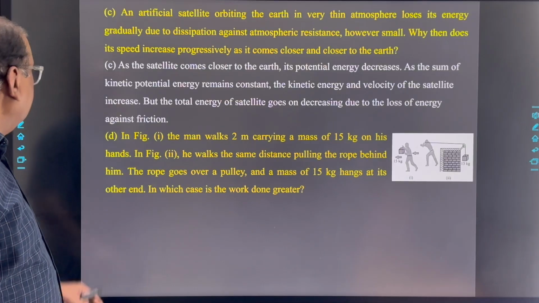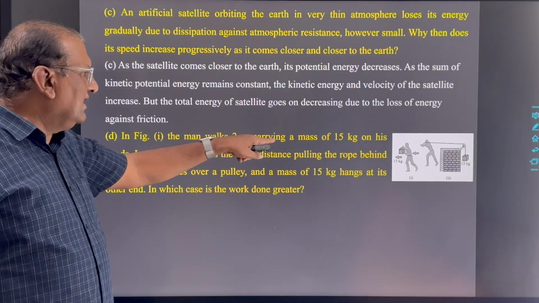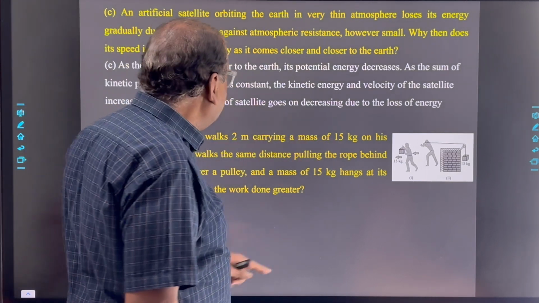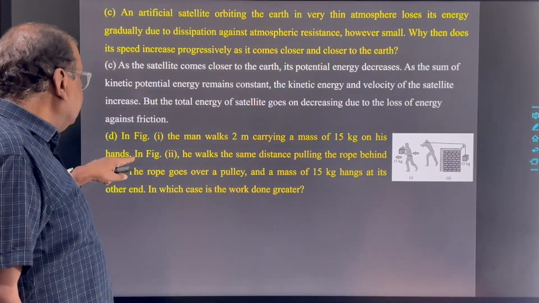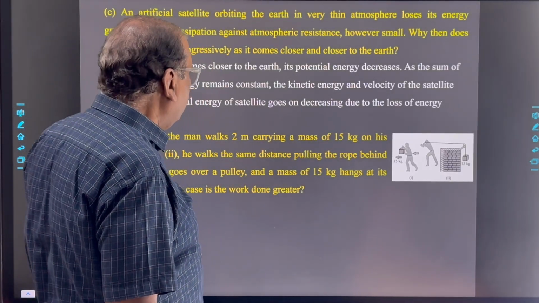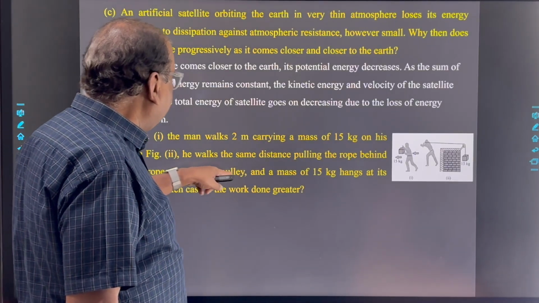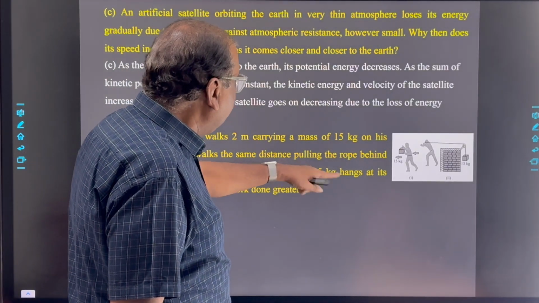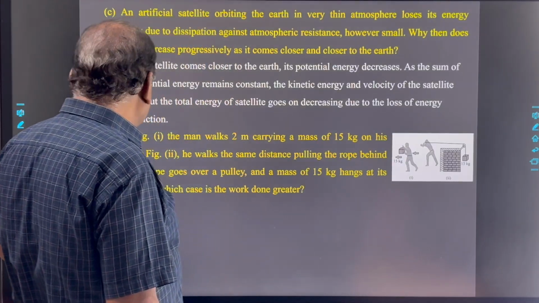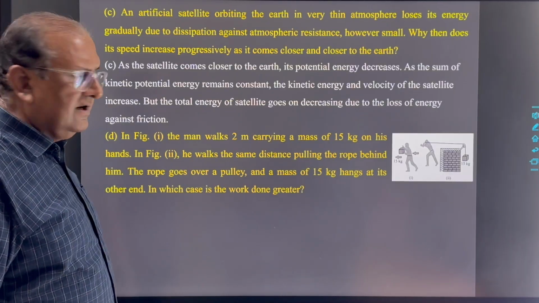Okay. D. In figure 1, the man walks 2 meters carrying a mass of 15 kg on his hands. In figure 2, he walks the same distance pulling the rope. Behind him, the rope goes over a pulley and a mass of 15 kg hangs at its other end. In which case is the work done greater?